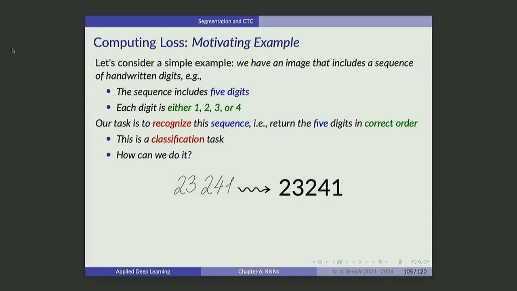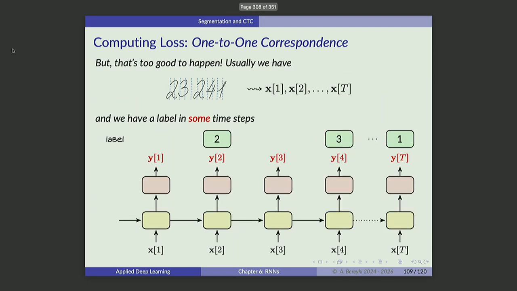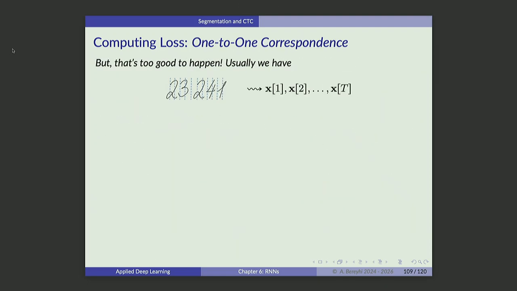I am going to have one filter of fixed size, and this filter goes over the image chunk by chunk. Maybe the first couple of chunks are the first number, 2, the second couple of chunks are the second digit, 3, and so on.